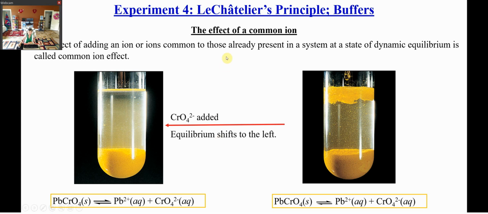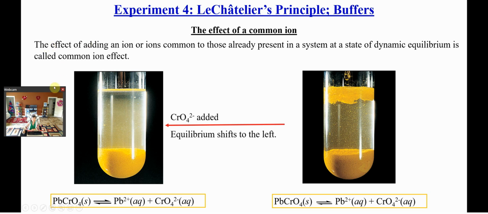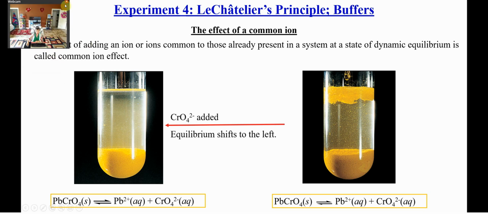Another important observation is the common ion effect. The common ion effect refers to the effect of adding ions which are common to those already present in your system at the equilibrium state.